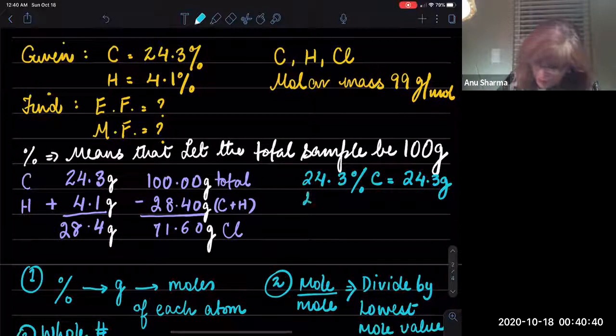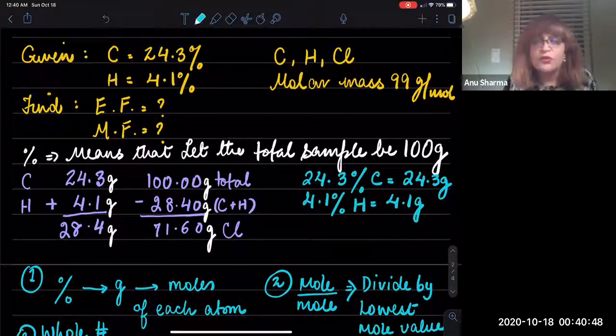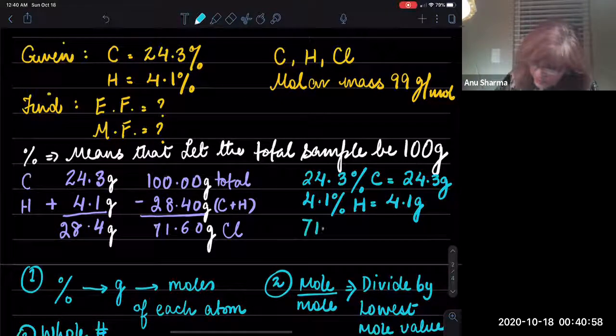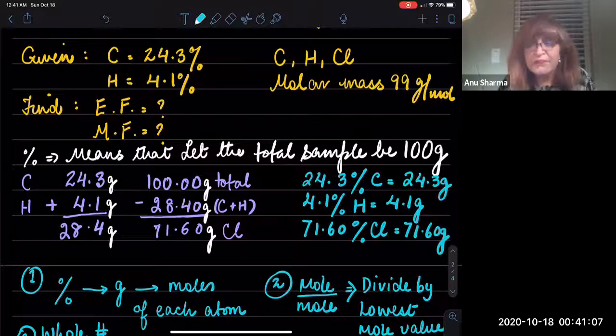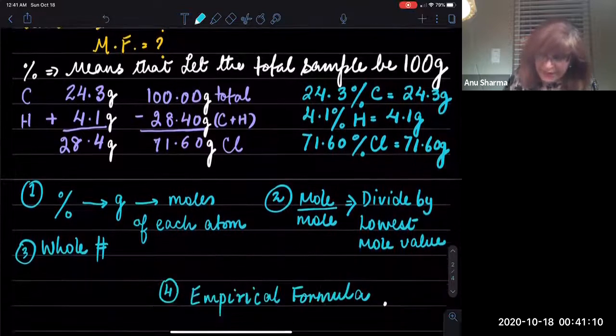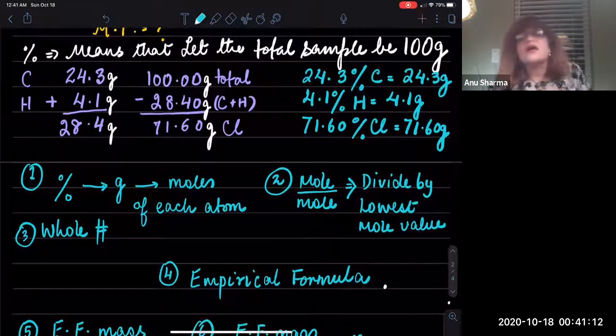Similarly, 4.1% hydrogen means 4.1 grams of hydrogen. And then you add the two together and subtract them from the total 100, and you get 71.60% chlorine, and that equals 71.60 grams.